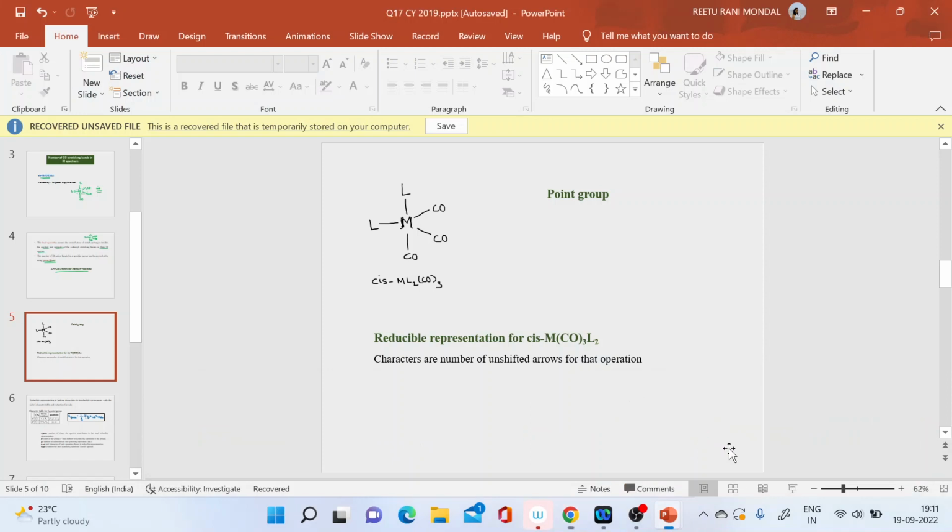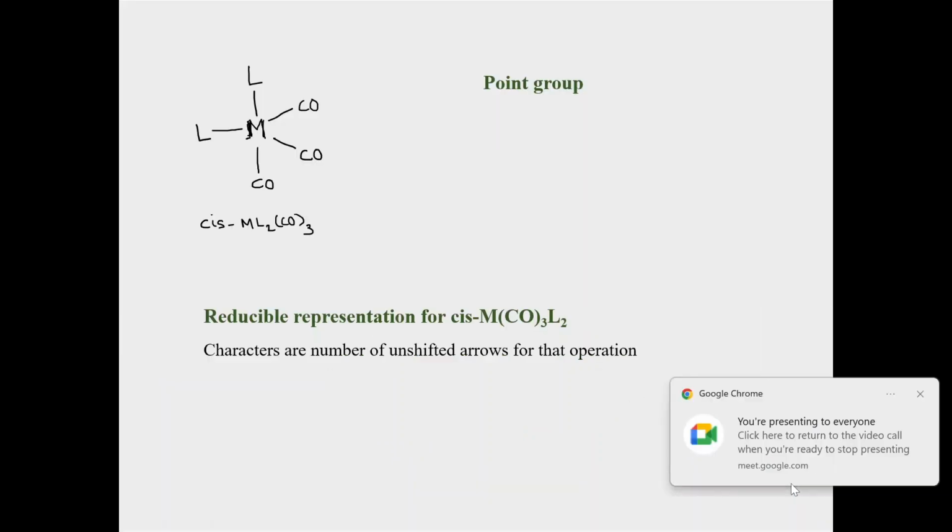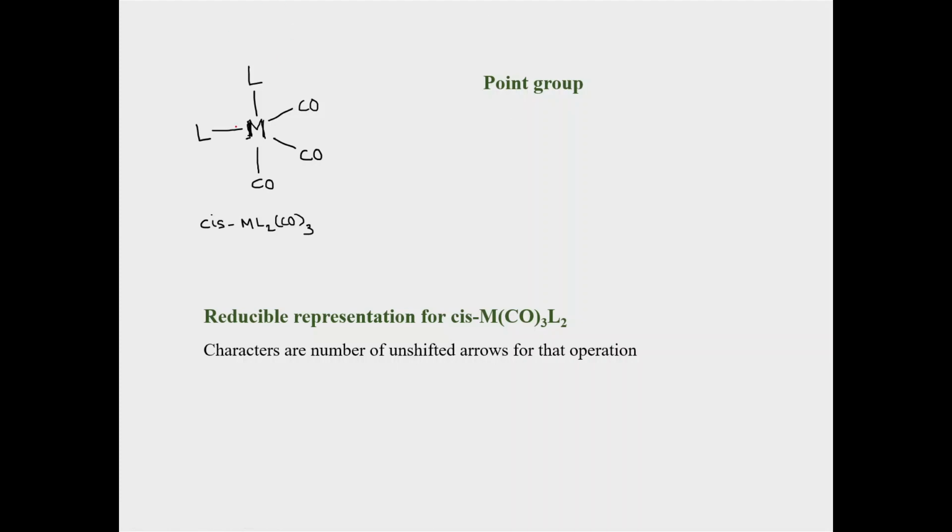Okay. For solving such kind of questions, first we should know the point group of this given compound. So anyone, what is the point group of this compound? This is cis-M L2 (CO)3. If anyone can tell me what is the point group of this, try.